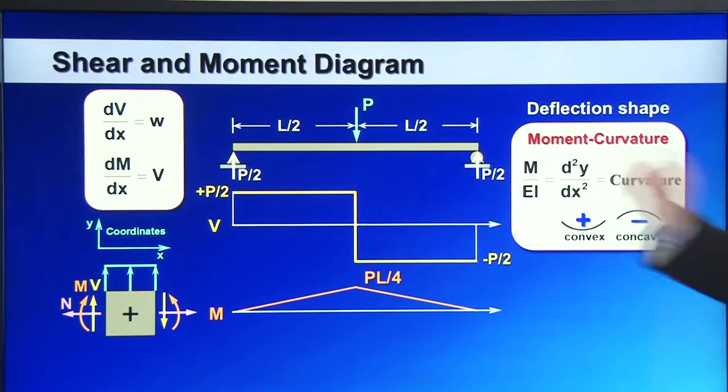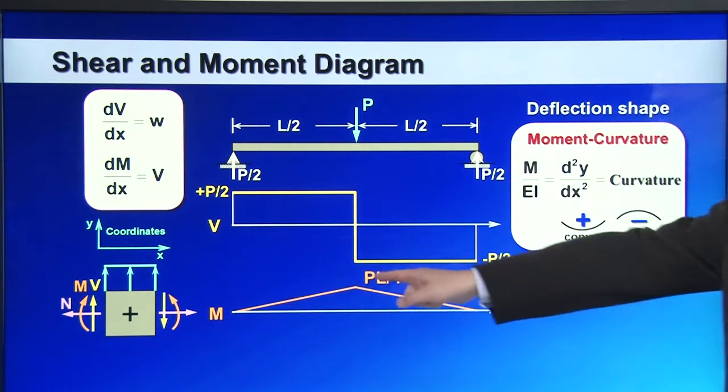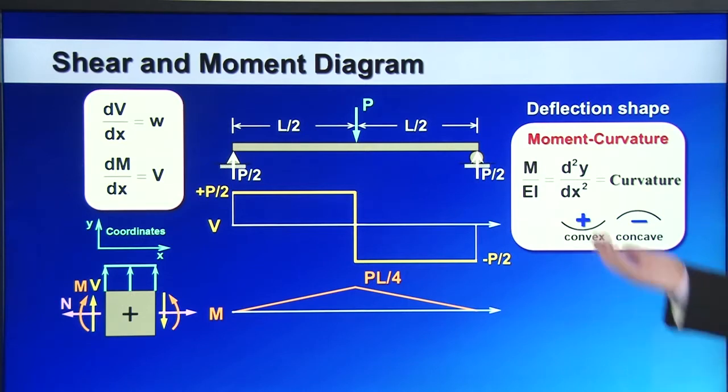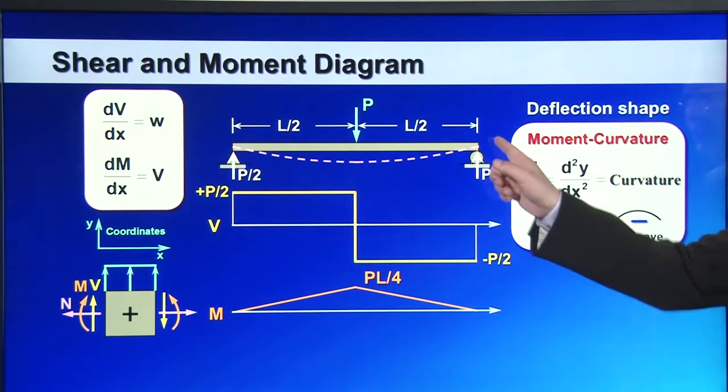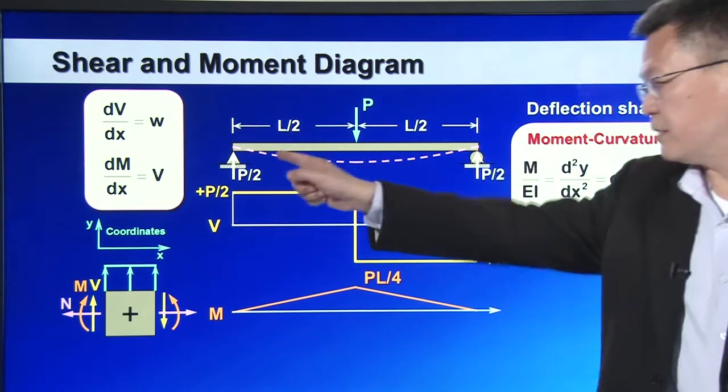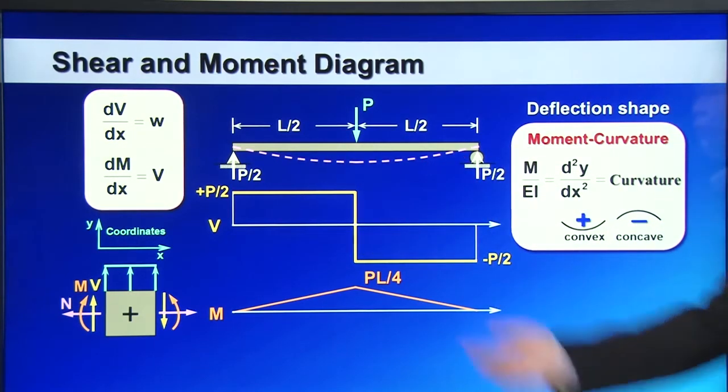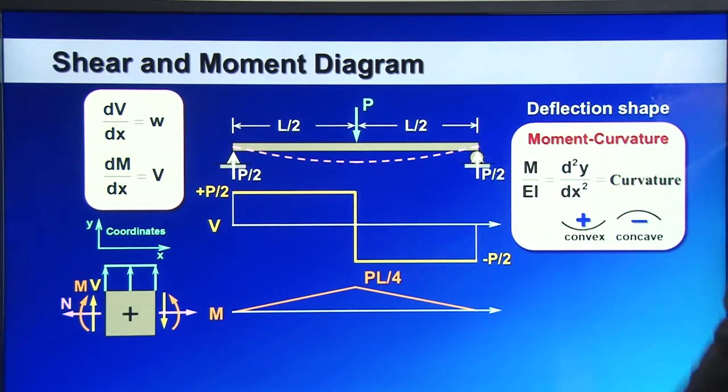If the bending moment is negative, then the curvature will be negative, and you should get a concave shape of deflection. So in this case, the bending moment is positive, so the deflection shape should be convex.